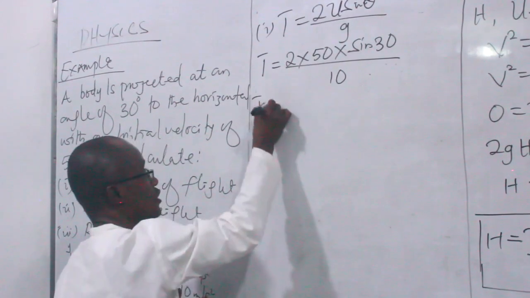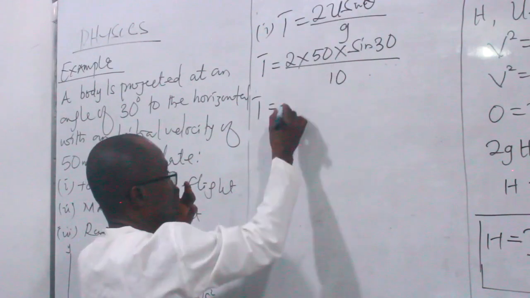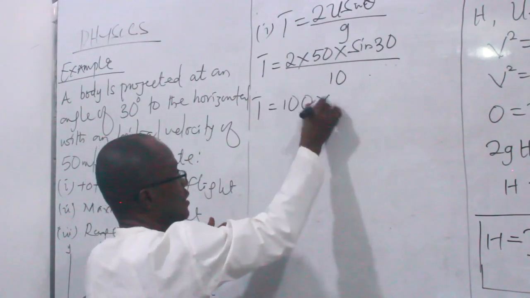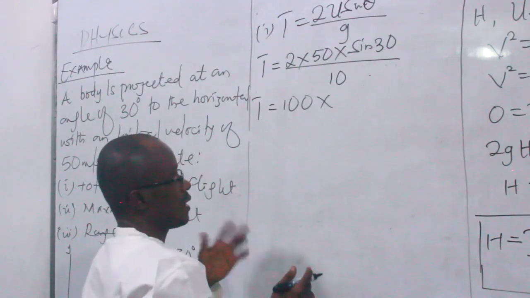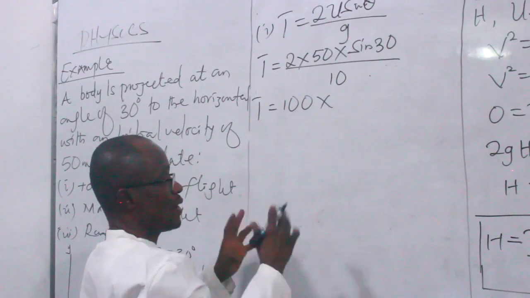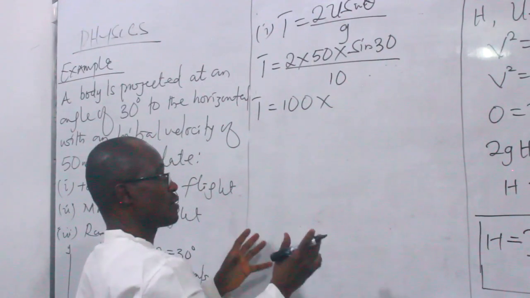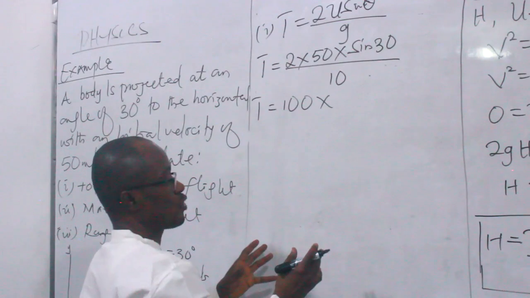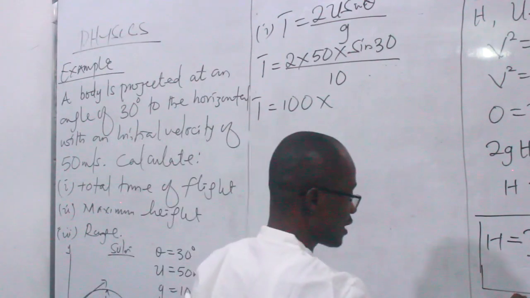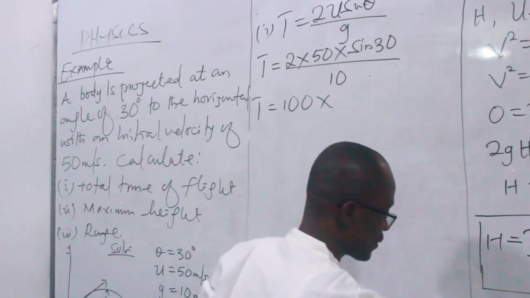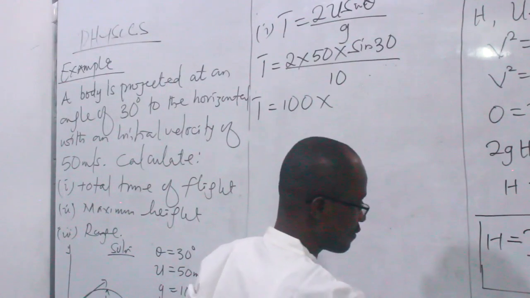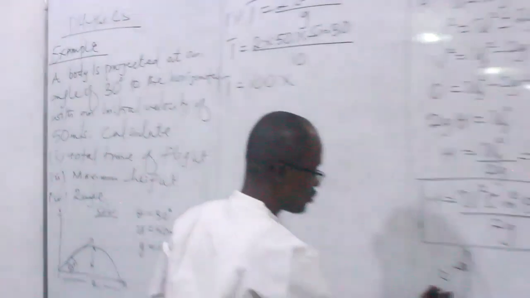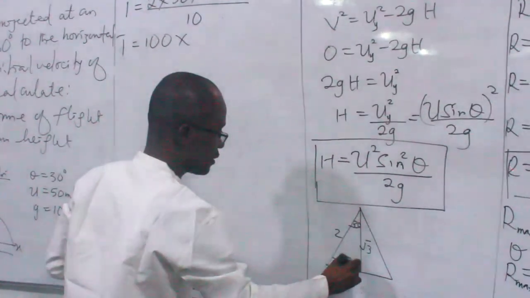So here we still have t equals 2 times 50, we have 100 times sine 30. By using special angle, sine 30 is half, 0.5. Special angle, in that case, you can consider special angle. Here we have 30 degrees. This is 2, this is 1, root 3.